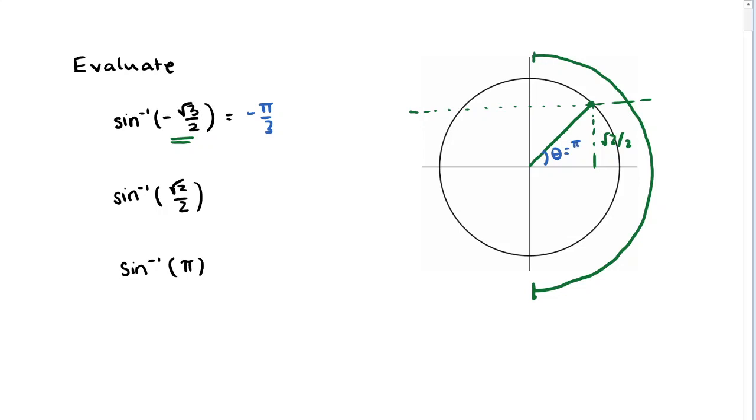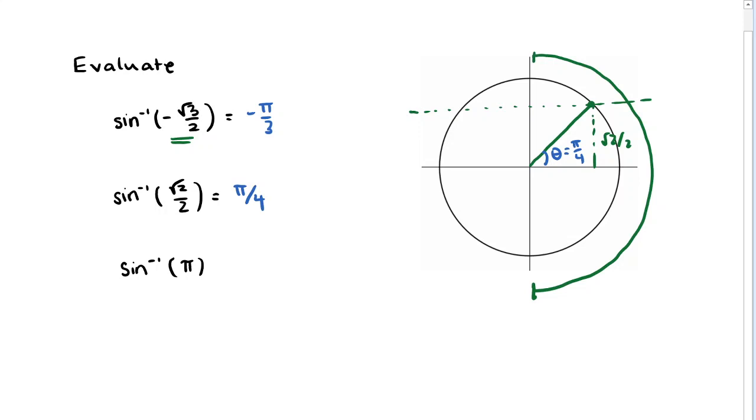This would be pi over 4. Of course, there are other angles that give us a y coordinate of the square root of 2 over 2, but we're just looking at angles between negative pi over 2 and pi over 2 for the sine inverse function to be truly a function. So this is equal to pi over 4.